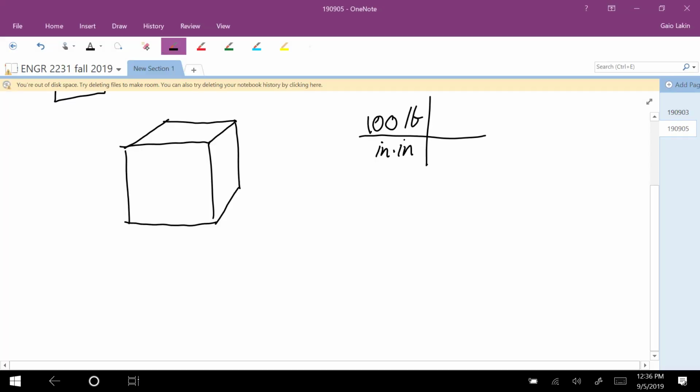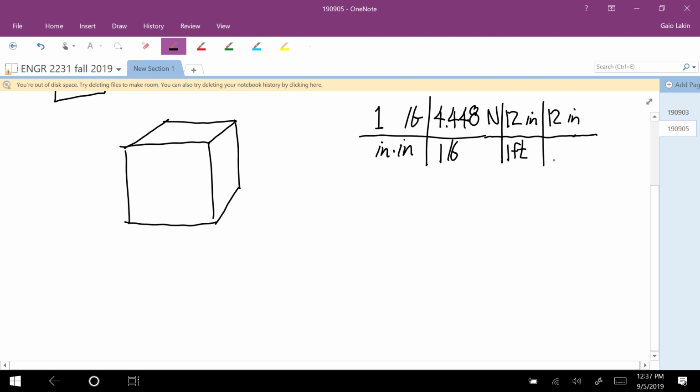Instead of 100, let's just do a conversion between PSI and pascals. So 1 pound is 4.448 newtons, and 12 inches is 1 foot, and 12 inches is 1 foot.